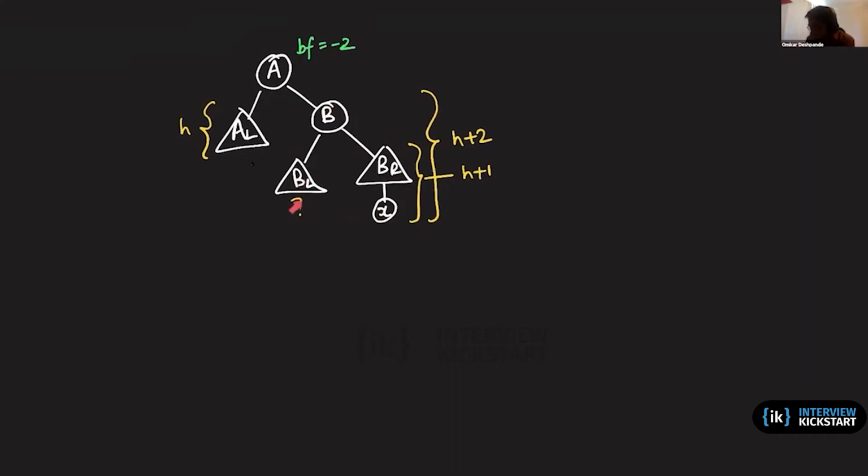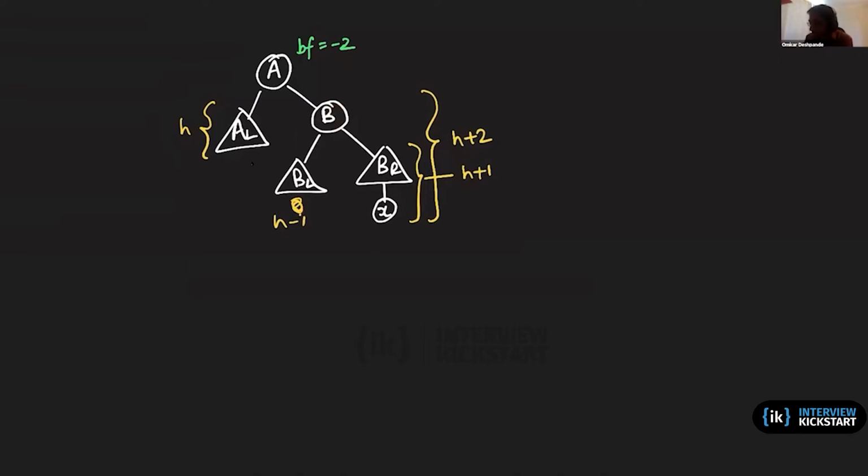It could be h. Could it be h minus 1? No, otherwise it would have been imbalanced before you add X. Well, it wouldn't have been imbalanced before we added x, but if this was h minus 1, after adding x, B would be the first node where there is an imbalance. That would have been the problem.